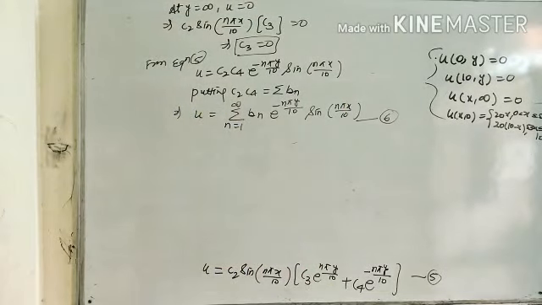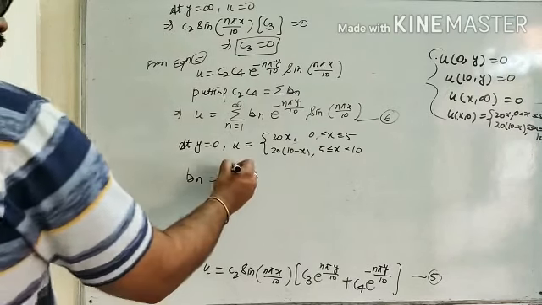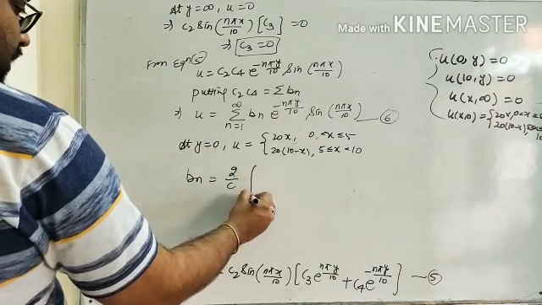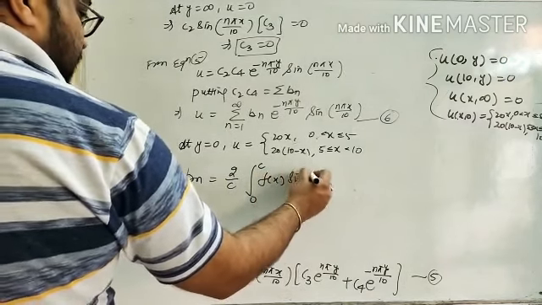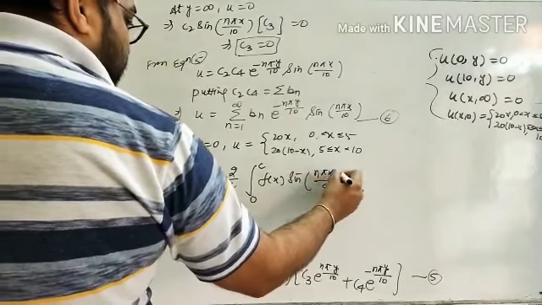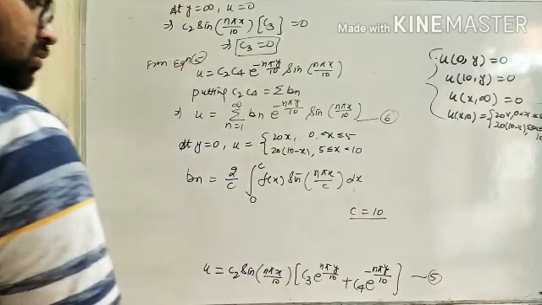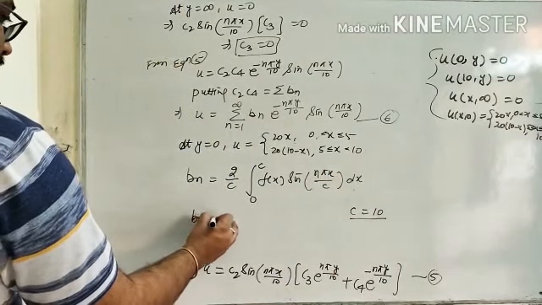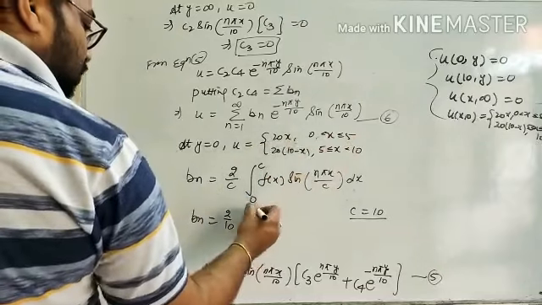Now we have to use the last boundary condition for this particular case. So bn is equal to 2 by c integral 0 to c f(x) sin n pi x upon c dx. And what is c? C is equal to 10. So bn is equal to 2 by 10 integral 0 to 5.